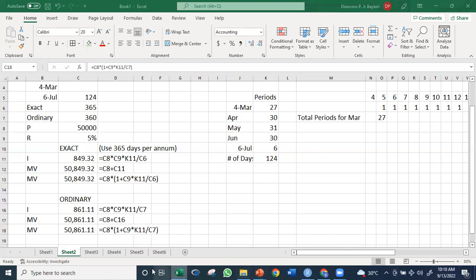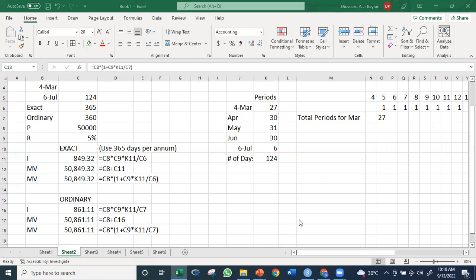But the difference is very easy. It's only with the divisor. And we know that the ordinary interest will always be higher than the exact interest because in the exact interest you're using the higher divisor, which is 365, but in ordinary you're only using 360.